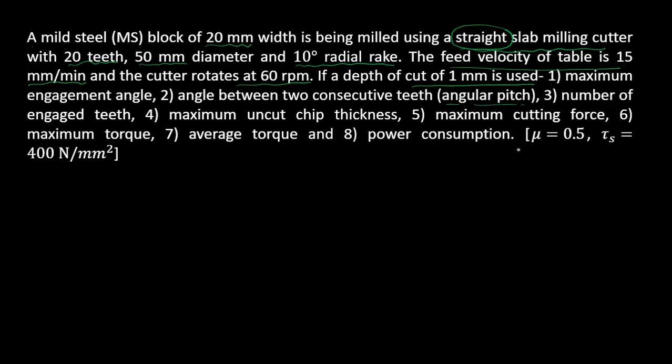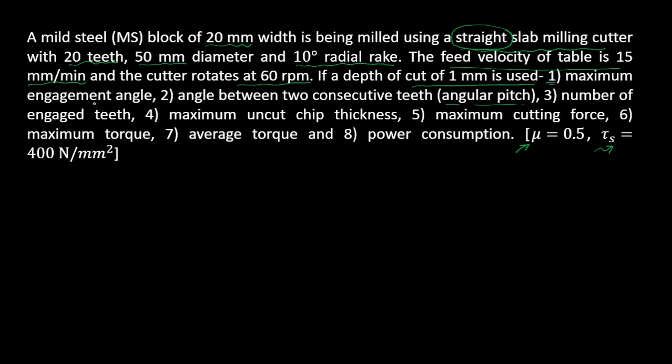And other information provided is that mu, the coefficient of friction on the rake surface, is 0.5, and the shear stress, or you can say the shear strength of the material, is 400 Newton per millimeter square. Okay, so let's solve these questions one by one.